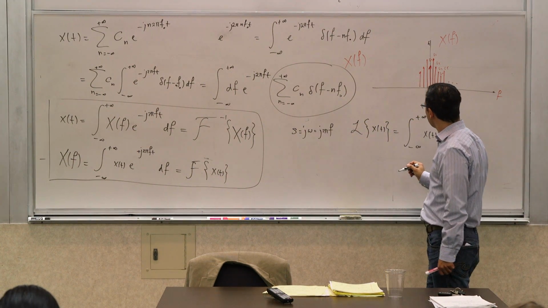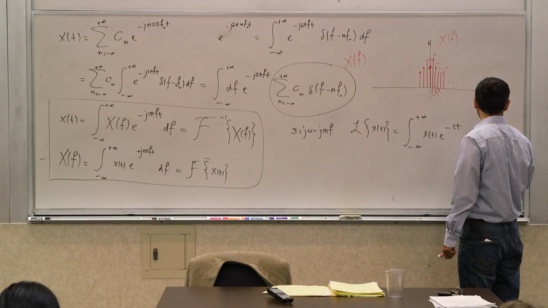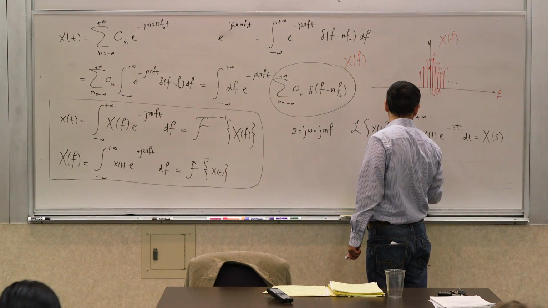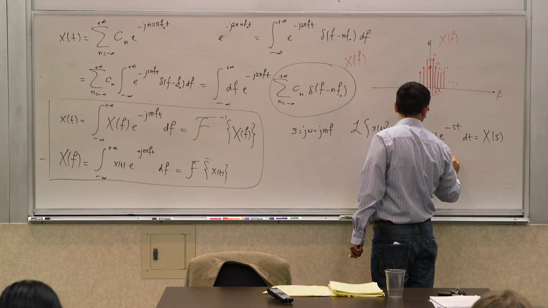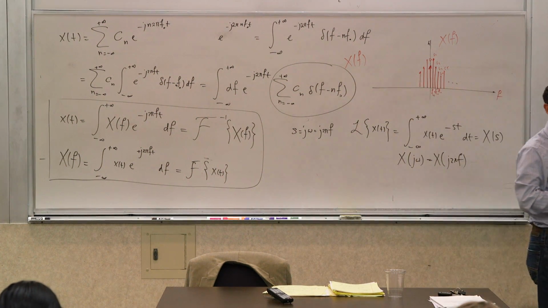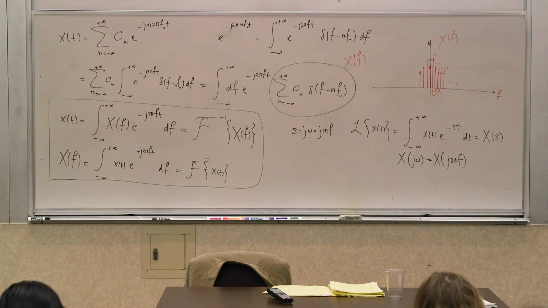So if this were X of s, it is really X of j omega, or X of j 2 pi f. So they are one and the same. The Fourier transform is a special case of the Laplace transform when you look at it only on the j omega axis.